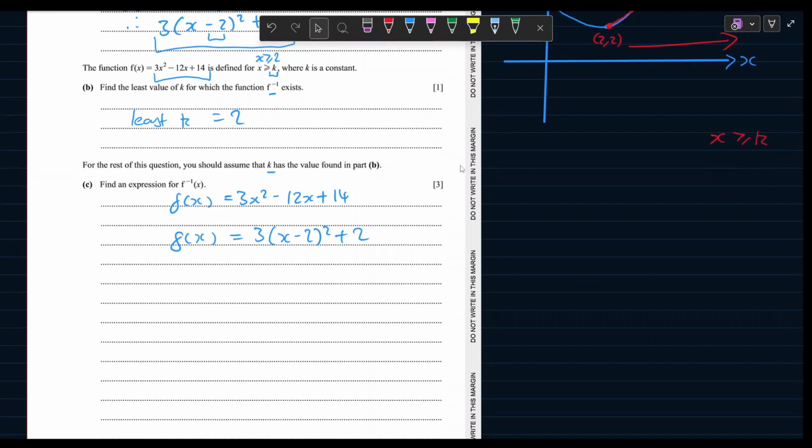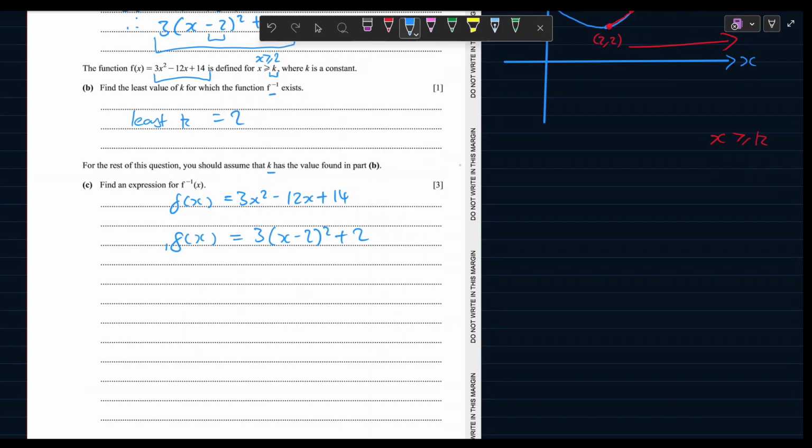And then our goal now is to obviously get the inverse function. The way we do it is by first replacing f of x with y. And now we have to make x the subject of the formula, because that then gives us the expression for our inverse function.